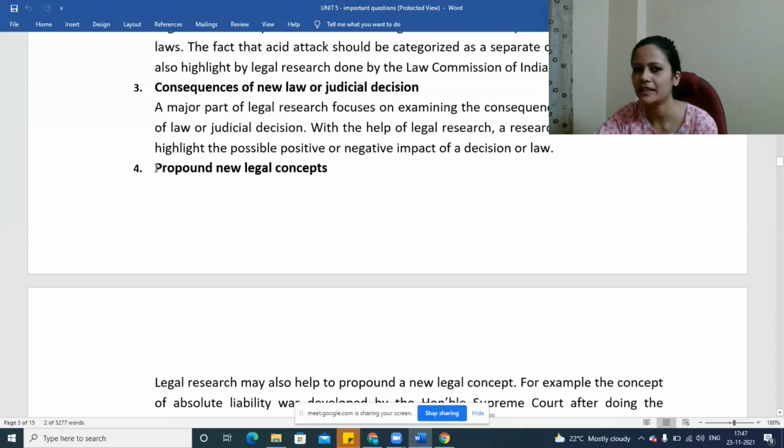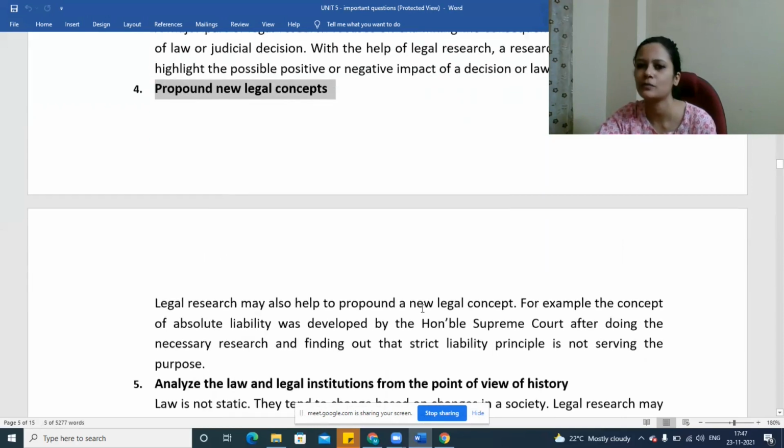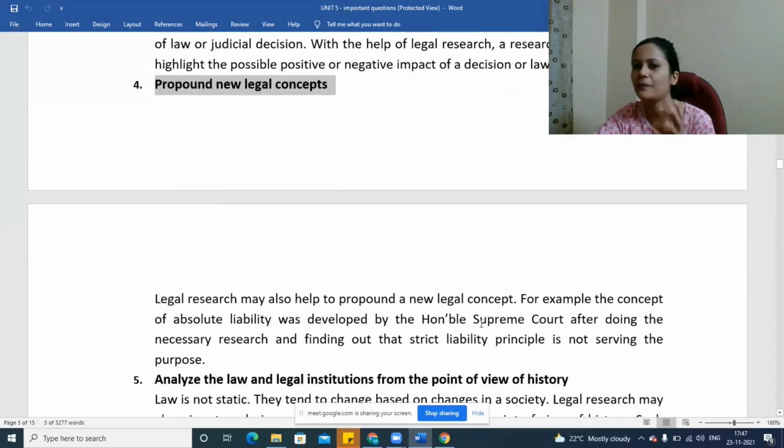Because they realized that, they propounded a new legal concept. The Supreme Court of India developed a new concept altogether. They said, we are applying absolute liability, where a person will be absolutely liable, no exceptions. We are not seeing whose fault it was, who was negligent, nothing.